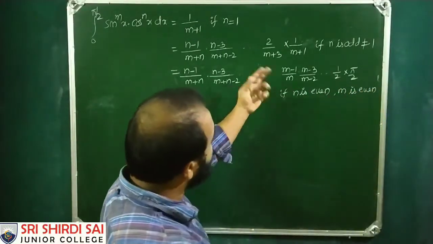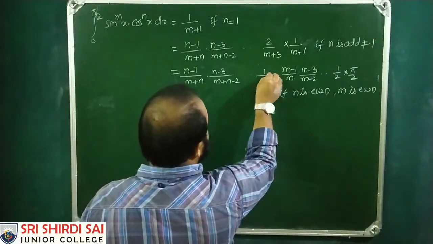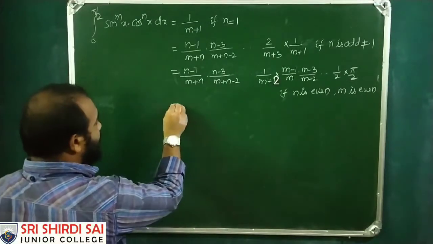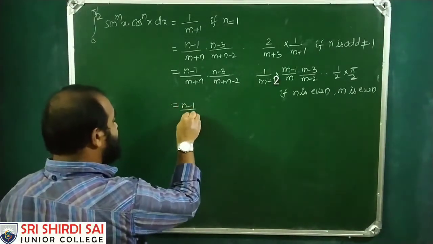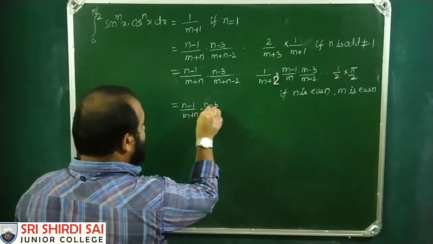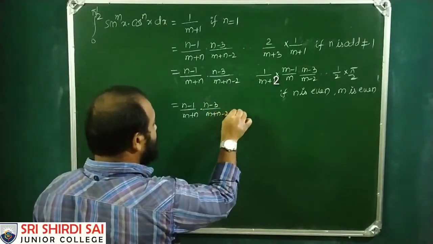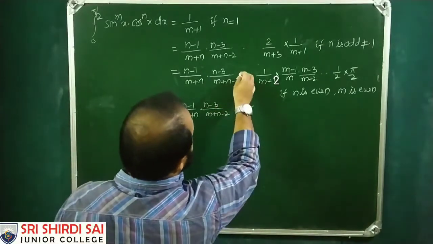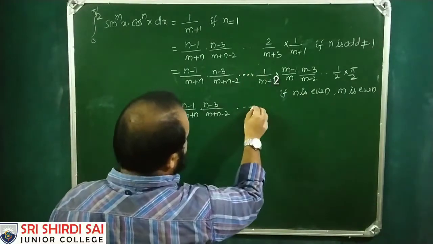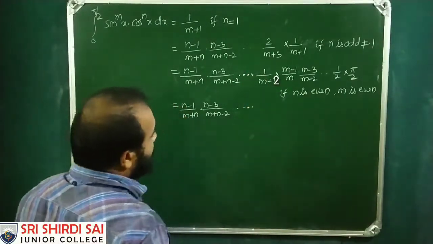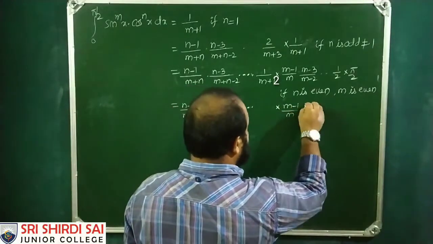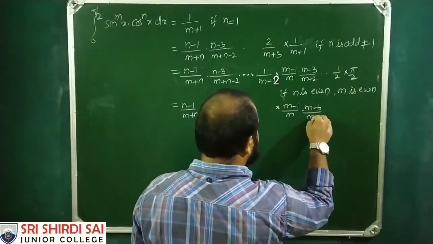If you want the previous term, it will be 1 by (m plus 1), and this is (n minus 1) by (m plus n) into (n minus 3) by (m plus n minus 2), and so on, etcetera. The second part is (m minus 1) by m, (m minus 3) by (m minus 2), etcetera.